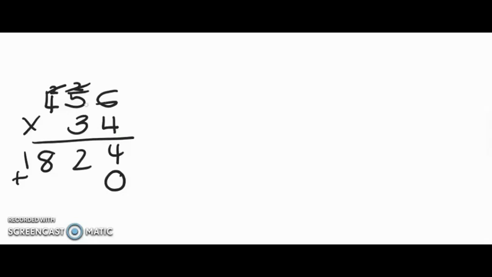What is 6 times 3? 6 times 3 will give you 18. What is 5 times 3? 5 times 3 is 15. Now we have to add the 1, and that will give us 16. What is 4 times 3? 4 times 3 will give us 12. Add the 1, that will give us 13.